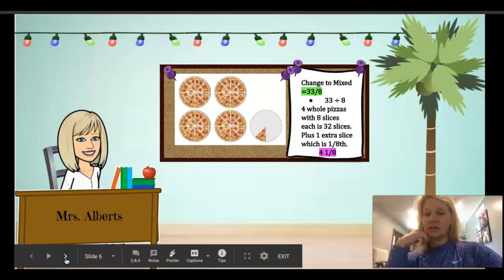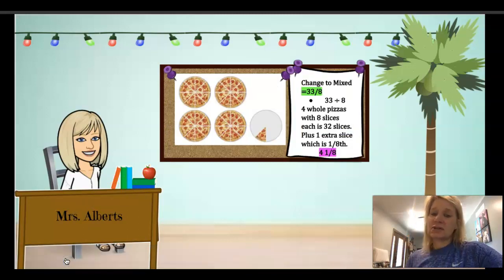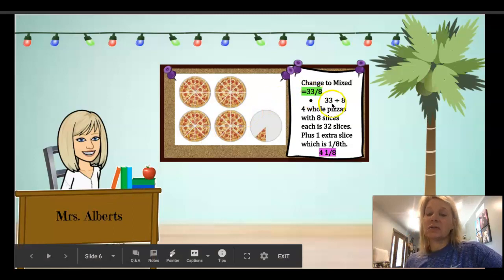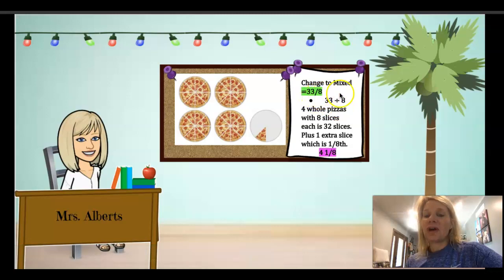So to change to a mixed number, this 33 over 8 really is 33 divided by 8. Whenever you see the fraction bar, that means we're dividing into equal groups. So we have 33 things that need to be divided into 8 equal groups. Well, when we think of this in terms of pizza, this would be 4 whole pizzas with 8 slices each.